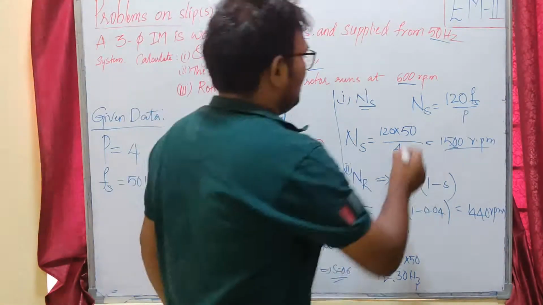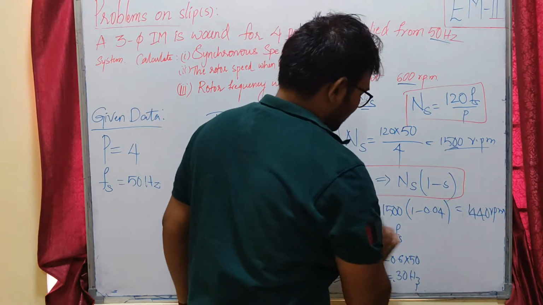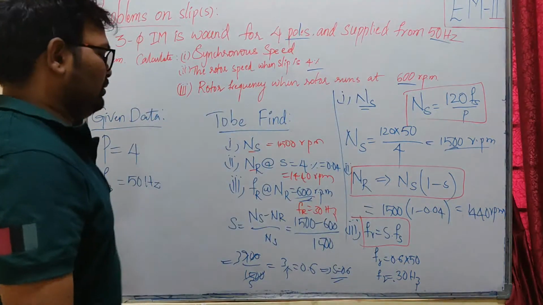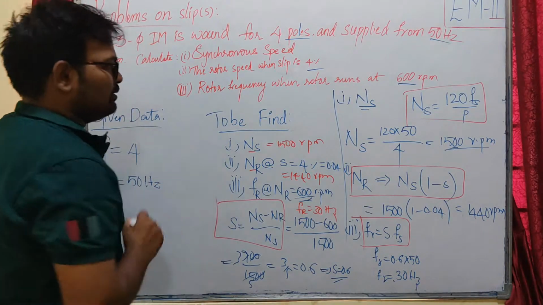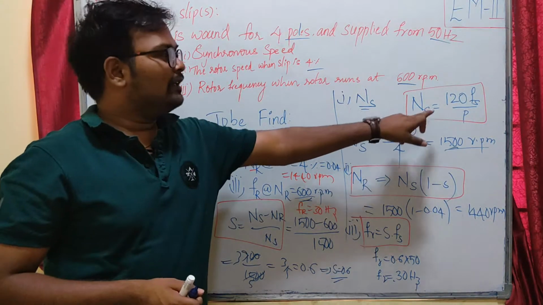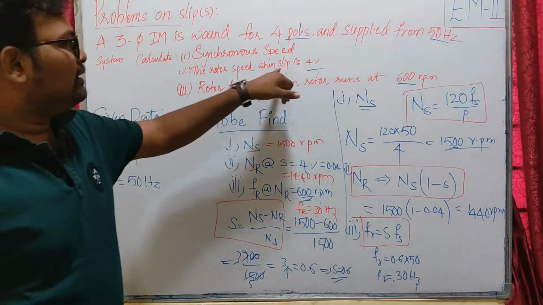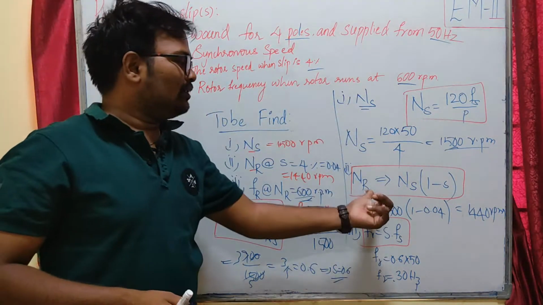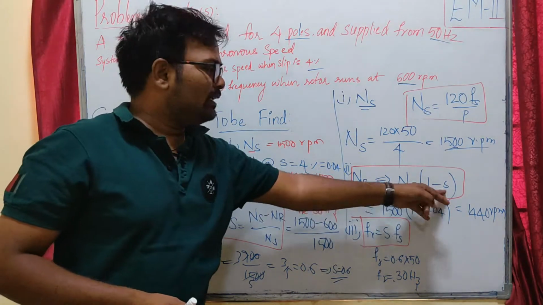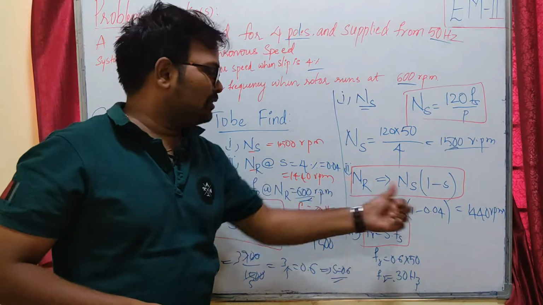We need to remember these formulas, then only it is easy to solve the problems. First one is synchronous speed, Ns equal to 120 F by P, where F is the supply frequency and P is the number of poles of our machine. The second one is the rotor speed when slip is 4%. We have a relation for rotor speed with synchronous speed 1500 and slip 0.04, which is given.